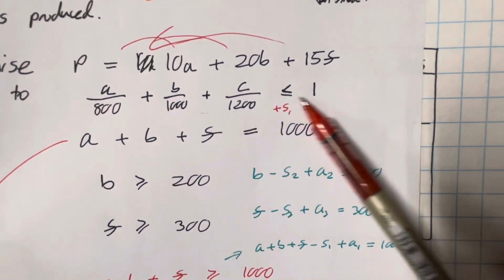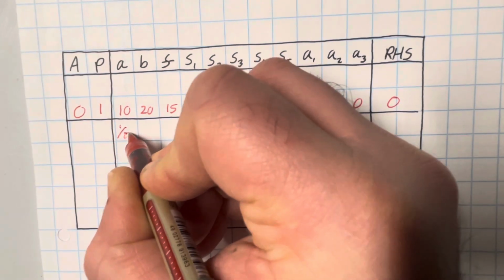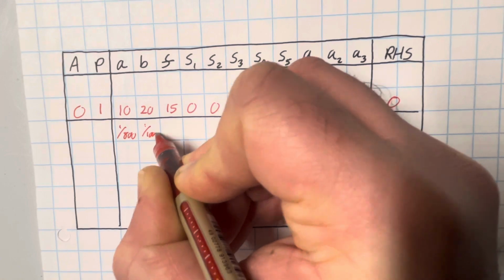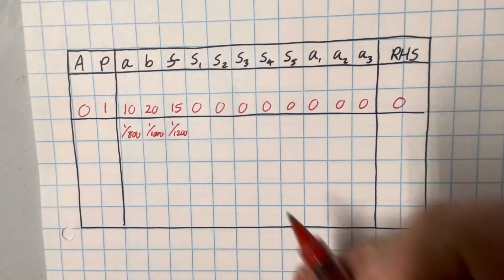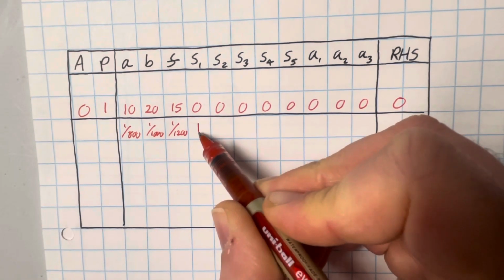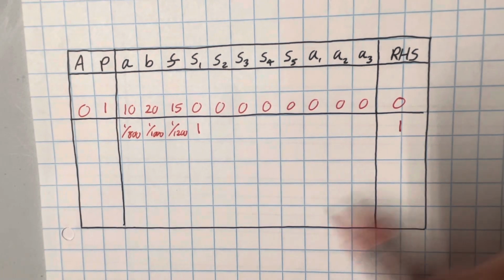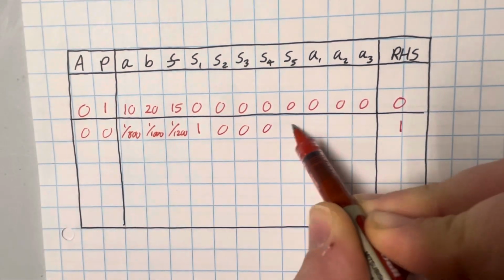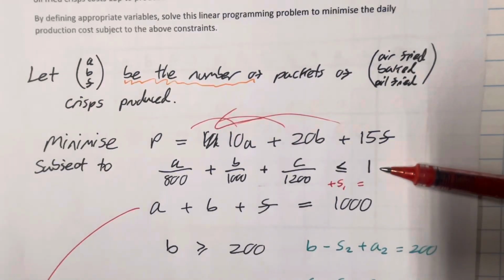So I've got this potato constraint, so that is 1 over 800, so A over 800 plus B over 1000 plus C over 1200 plus a slack, and that's going to be equal to the number 1. Everything else in that row is 0. Okay, so that was this potato constraint.